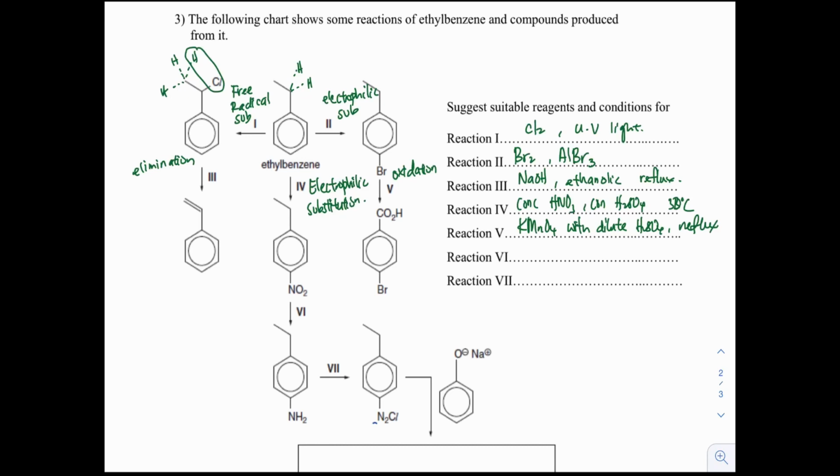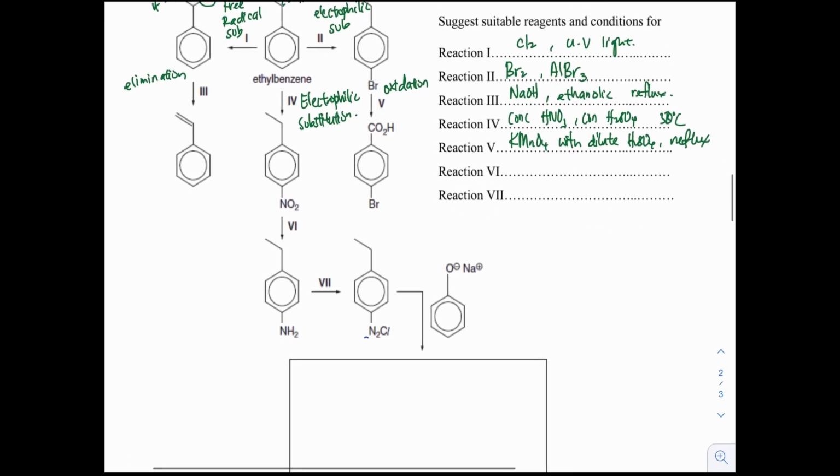For reaction 6, it is from NO2 becoming NH2. So this is known as reduction, as we have seen in the previous questions. For this, we will need tin, concentrated HCl, and NaOH as an optional answer.